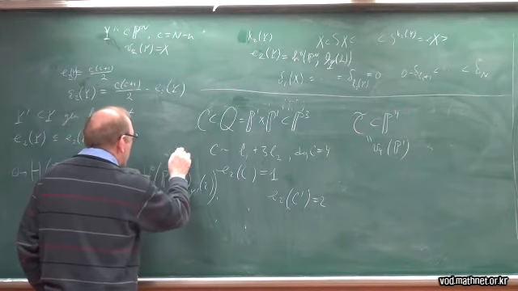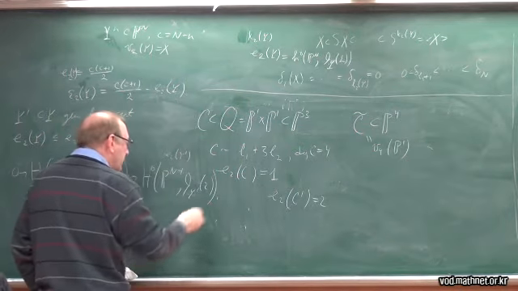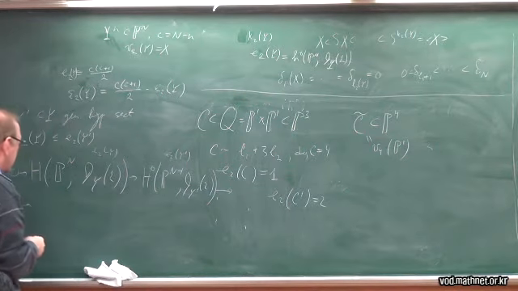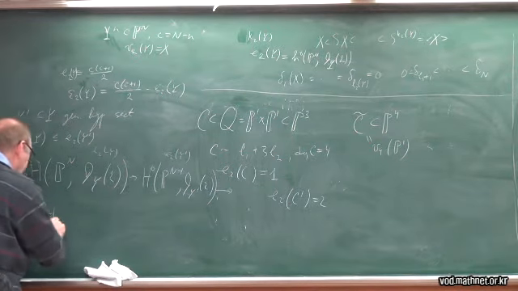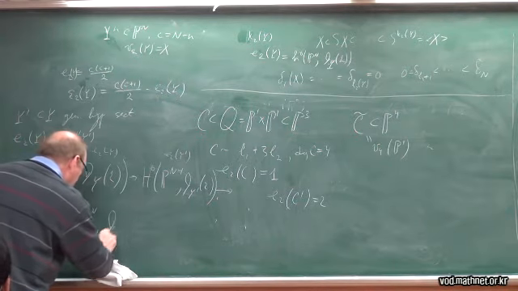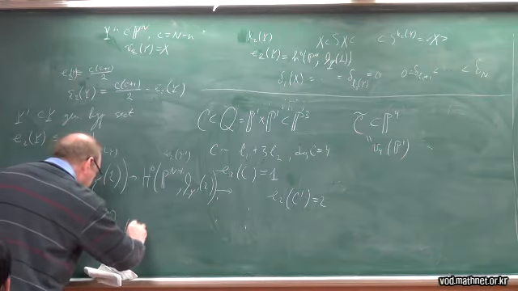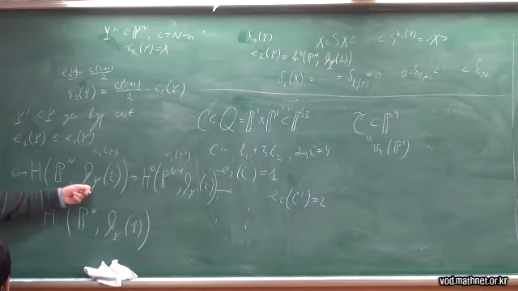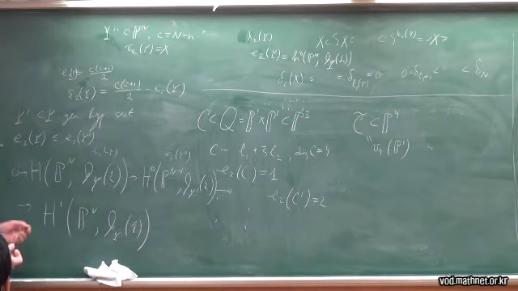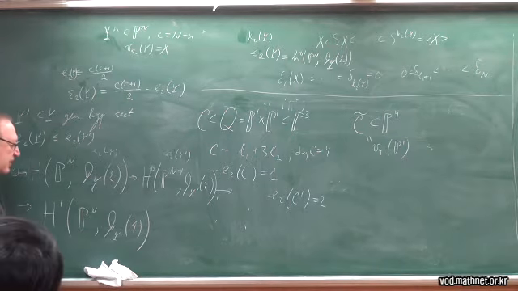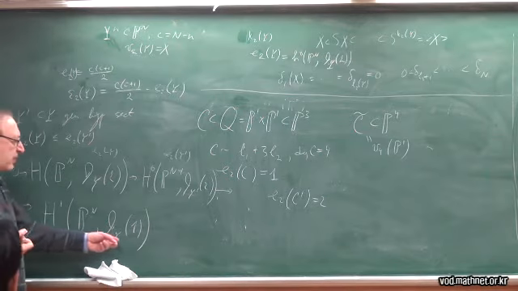Here the dimension is E2 of y prime. But when you go on with this exact sequence, you get H1 of this sheaf. Here you have an inclusion because y is non-degenerate, not contained in a hyperplane. And this space, as you probably know, measures the failure of y to be linearly normal.